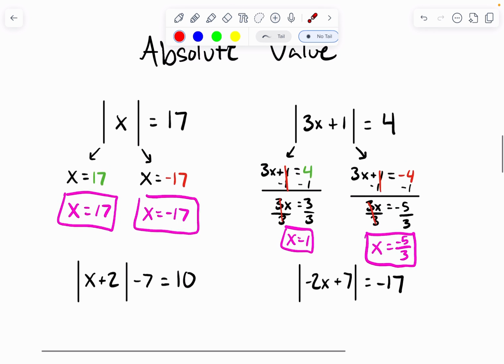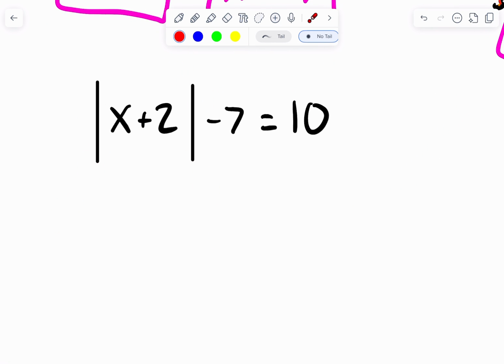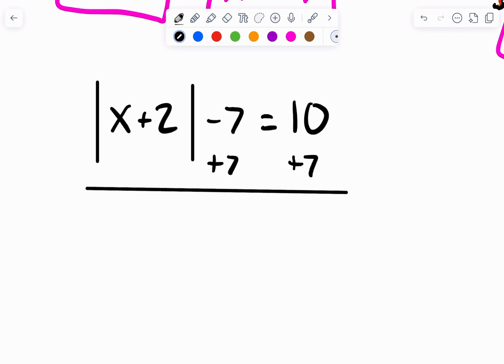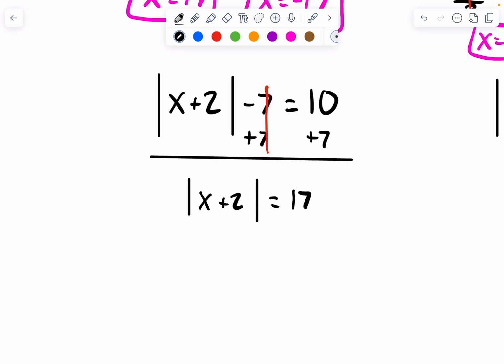All right, next we need to talk about how the absolute value bars need to be alone. We can't split it up right away because we have this minus 7 on the outside. We have to get this clump of math alone, and then we can split it. So start by undoing this minus 7. You'd add 7. That cancels, and then we have our absolute value, x plus 2 equals 17. Now we can undo the absolute value.